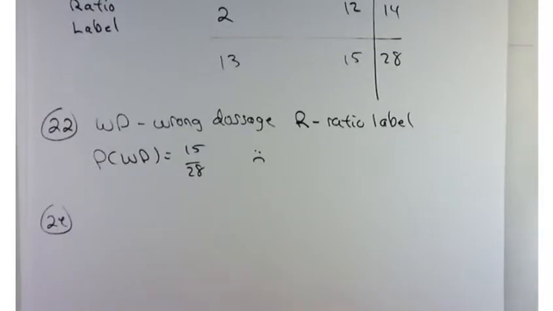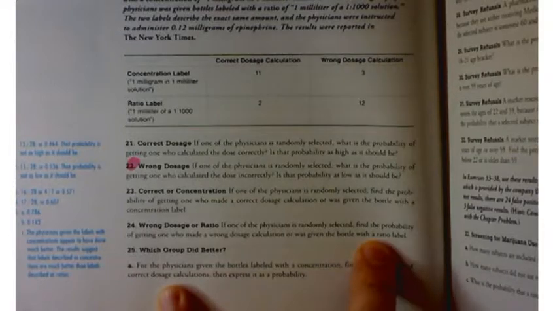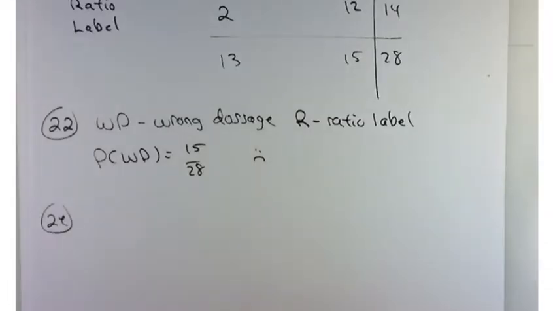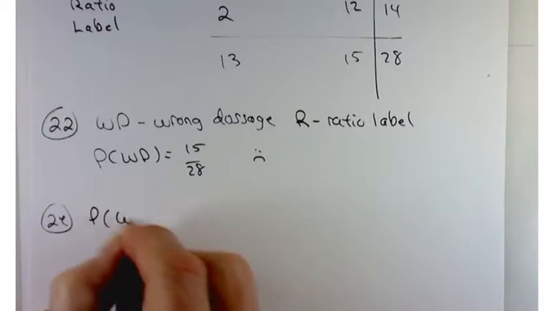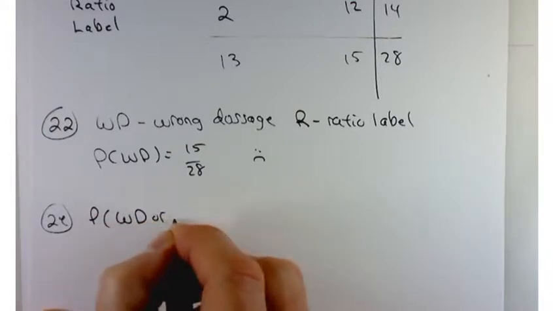So what problem number 24 essentially asks you is, if one of the physicians is randomly selected, find the probability of getting one who made a wrong dosage calculation or was given a bottle labeled with a ratio label. So basically, it turns into probability of WD or R.